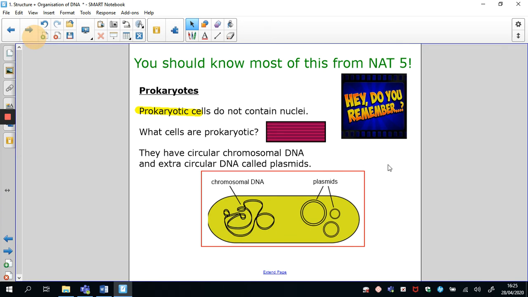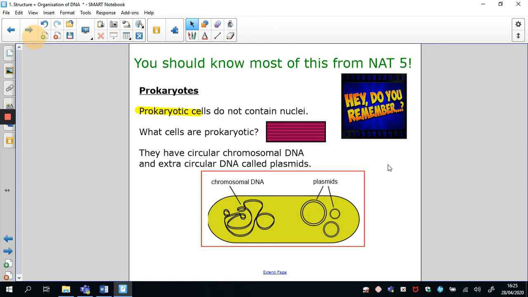So this is where we get into another little bit about how DNA is organised. This slide you should mostly know from National 5. The only new bit is this word prokaryote. A prokaryote or a prokaryotic cell is a cell that doesn't have a nucleus.